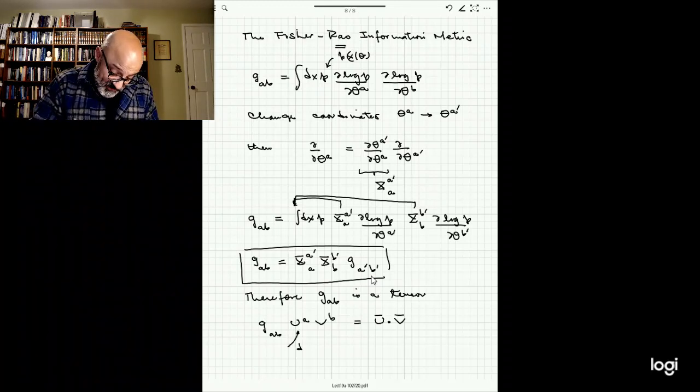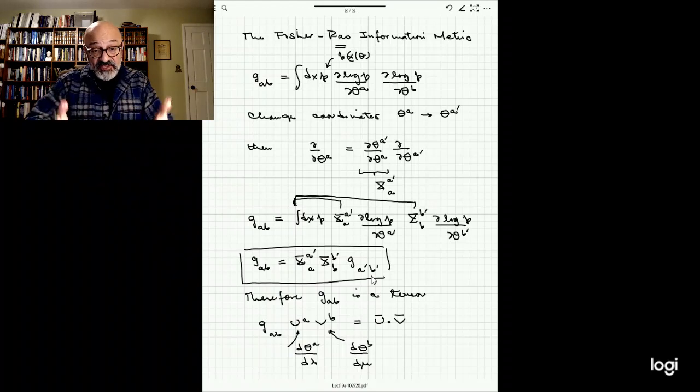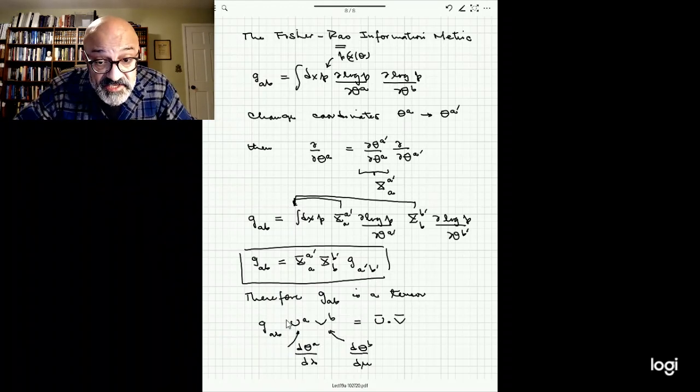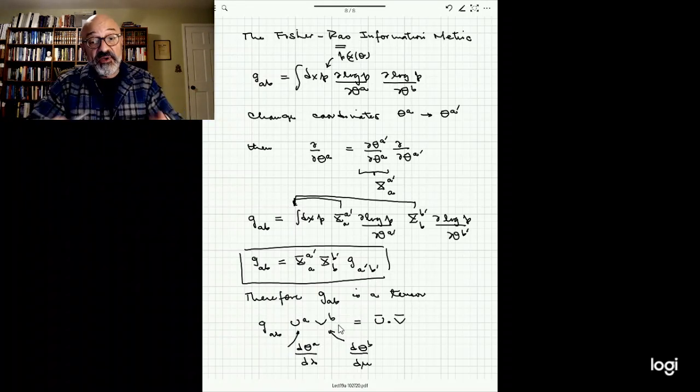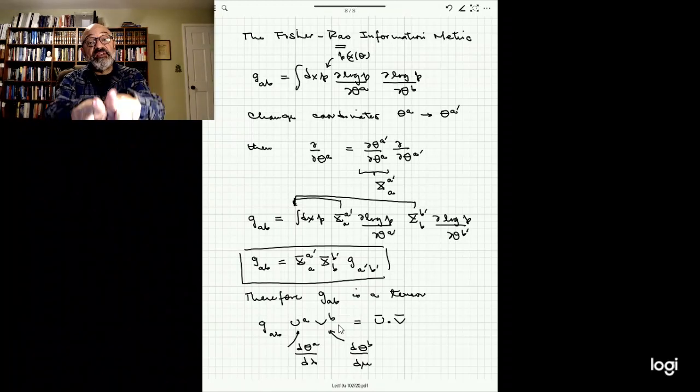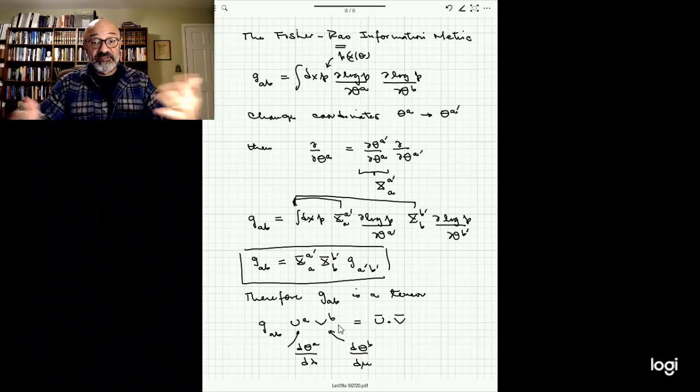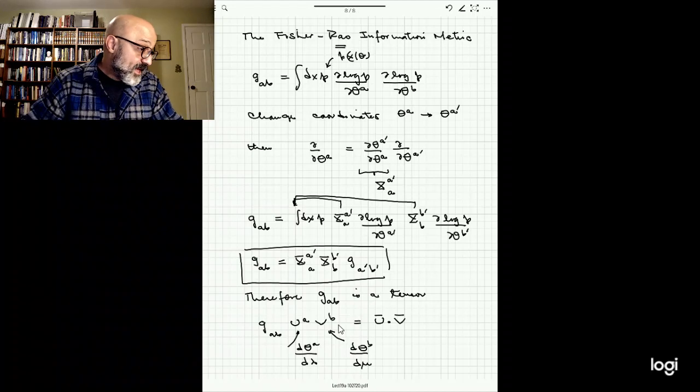Well, these vectors are going to be components, derivatives of various curves in the space. Two vectors are just tangential vectors. And so in a space of probability distributions, you can actually figure out angles. You can do lots of things.